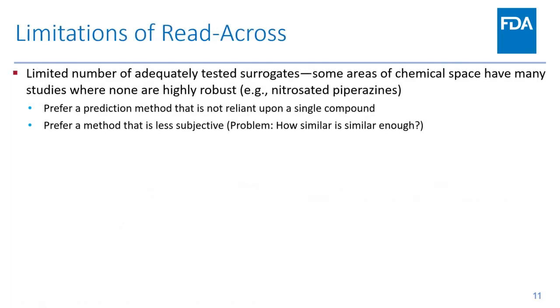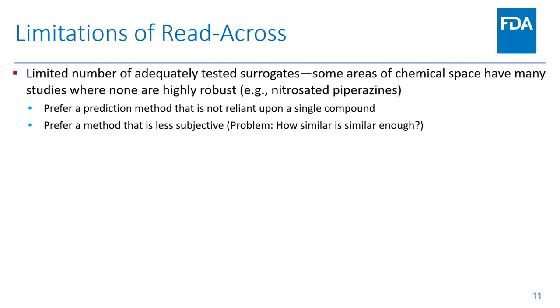So this has some utility, but the challenge is that we're still limited by the fact that there's a pretty limited number of surrogate molecules available that actually have robust enough data to support an AI calculation. And in fact, some areas of chemical space may have a lot of studies, but actually none of them are sufficiently robust. And nitrosated piperazines come to mind as an example of that.